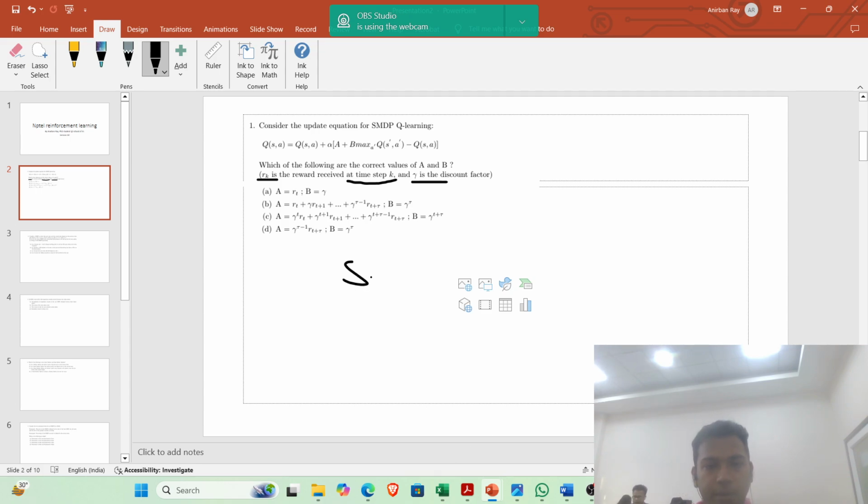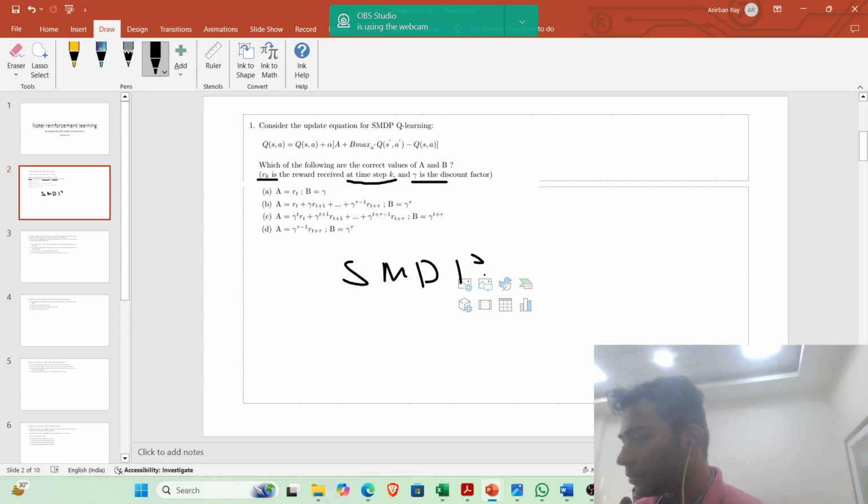SMDP is useful in the case of the... some more background is required, I guess. First of all, the concept of hierarchical RL is important.